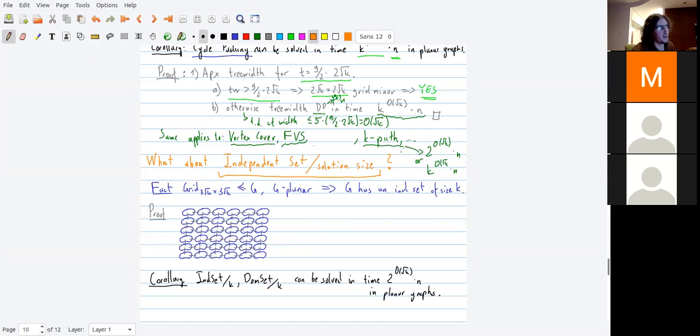So imagine that you've got a planar graph with a 3 square root k times 3 square root k grid as a minor drawn here, and I would like to argue that it has a large independent set. Why so? Let me divide this grid into 3 times 3 pieces. There are square root k times square root k of them.